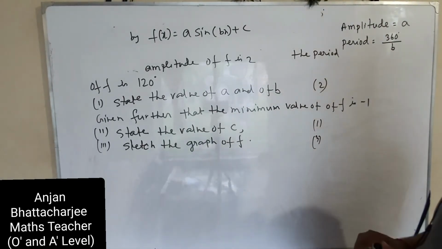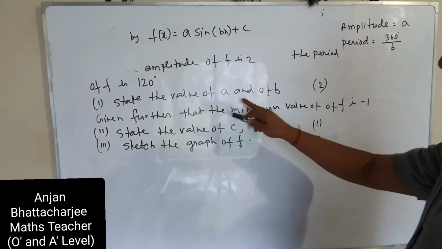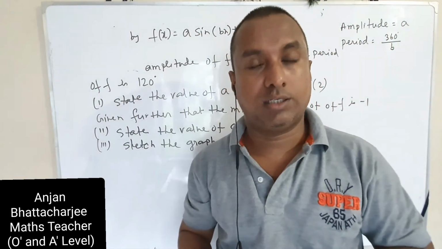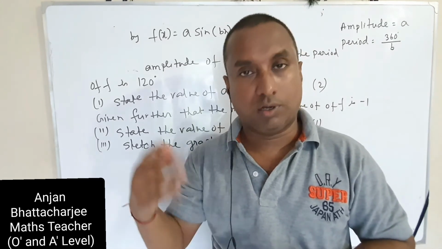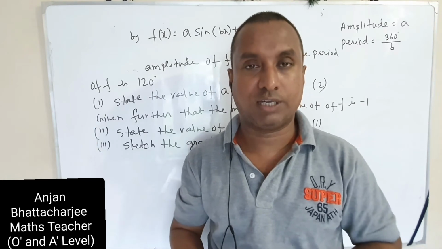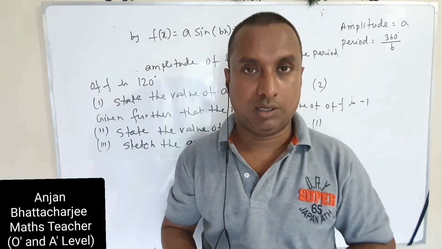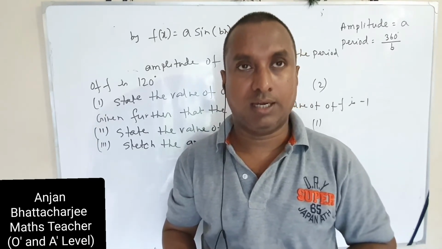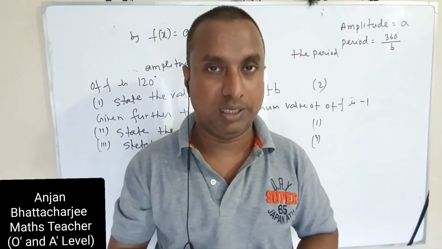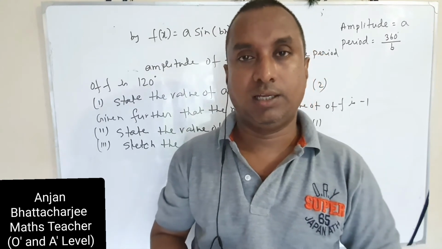To solve question 1, find the values of a and of b. We have learned two formulas from what we started earlier, for a sin bx, a cos bx and a tan bx.